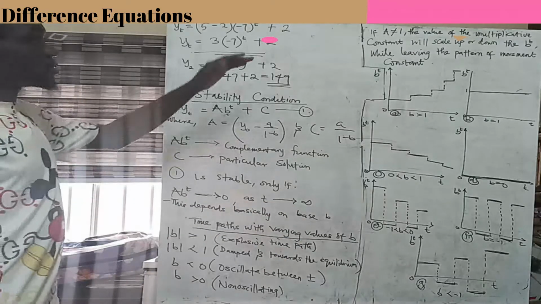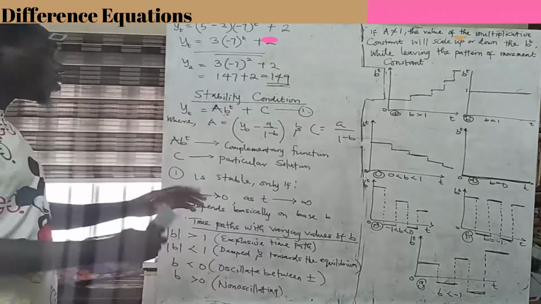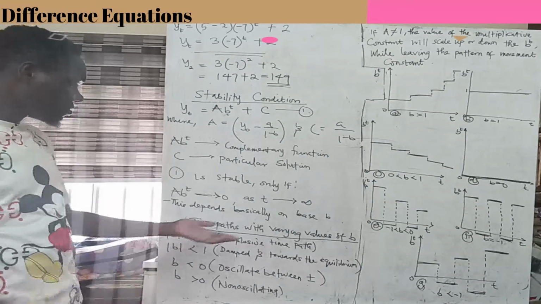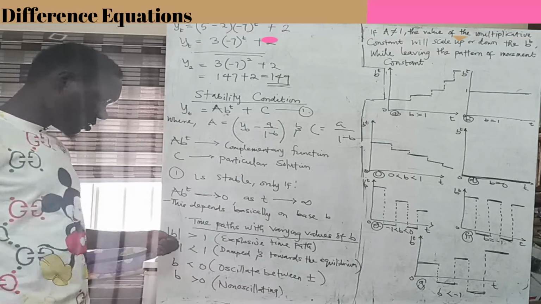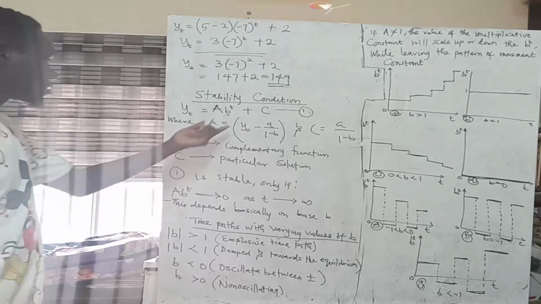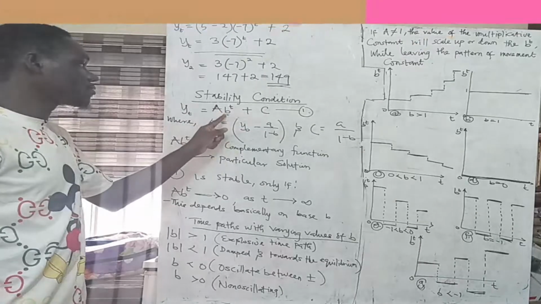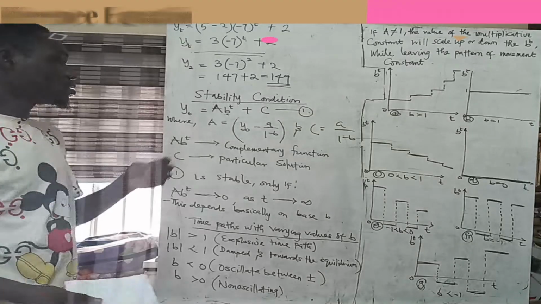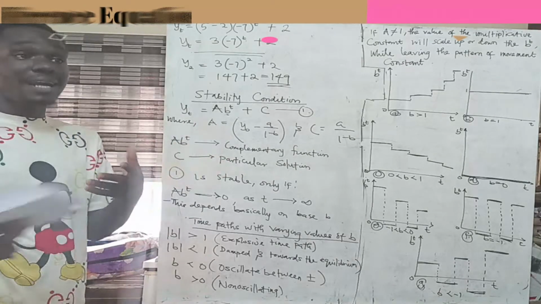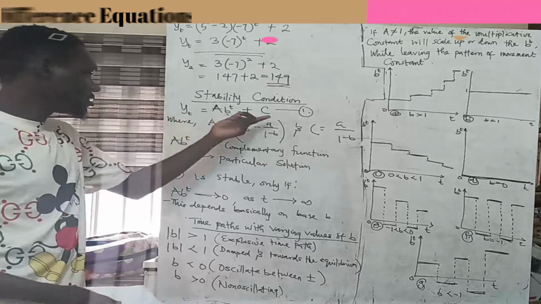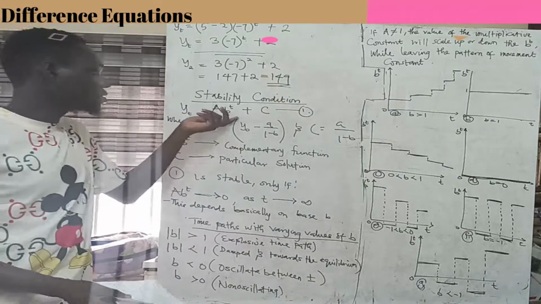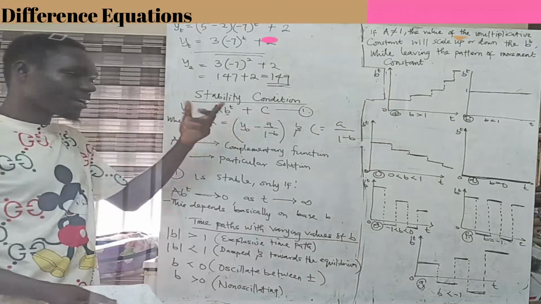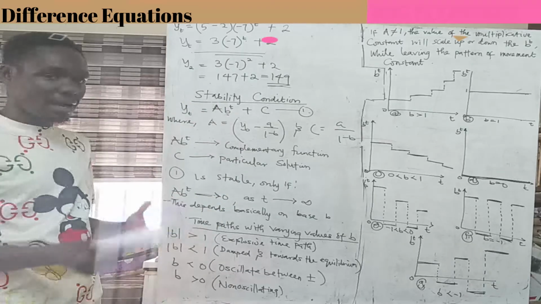The time path will depend on the specific value assumed by b. So the value of b will determine the time path of the function, or how the function will be graphed. Looking at this, we need to understand how each of these components of the equation affects the way the function will be graphed.